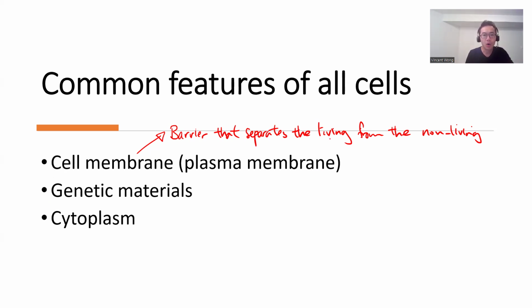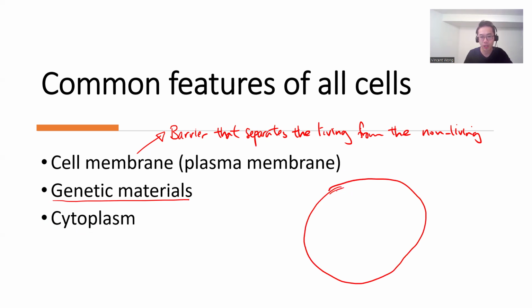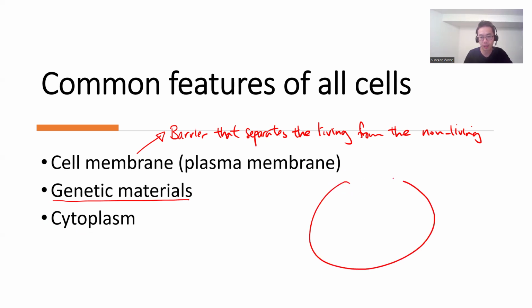Secondly, all cells have genetic material. All cells have genetic material in the form of DNA, right? And this DNA, as you learned from me last class, contains instructions to make the various proteins for the cell. And finally, we have something called cytoplasm. So if I have to draw a cell, like a very primitive generic cell, it doesn't have to be a circle shape, but here we go.